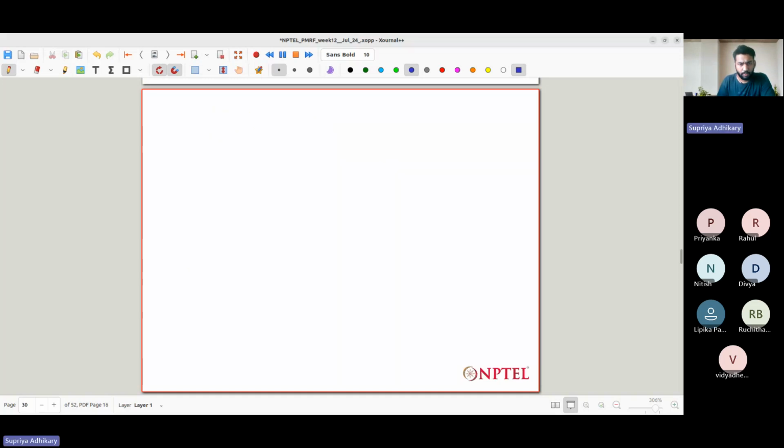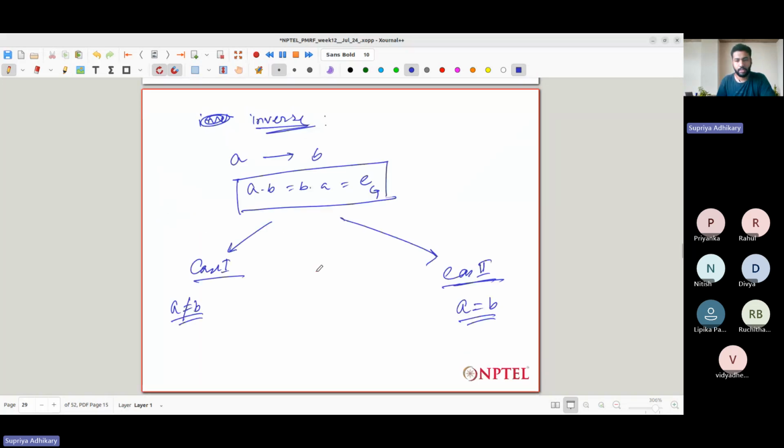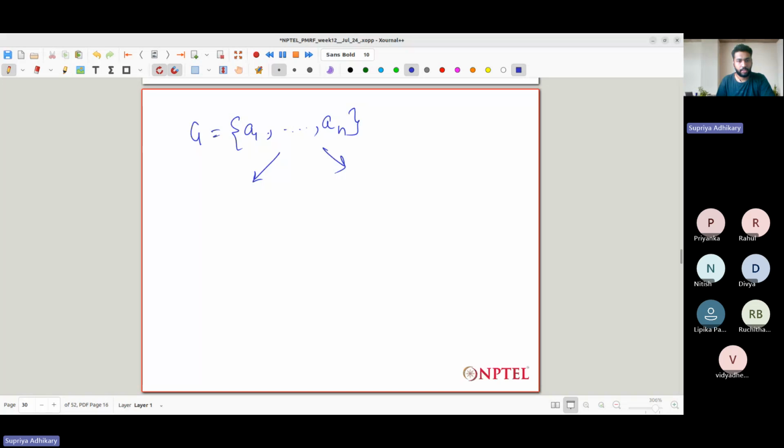Now G is given as the set of all elements from A1 up to An. So we divide this set into two parts, G1 and G2. These are not subgroups, just sets that we are dividing into.